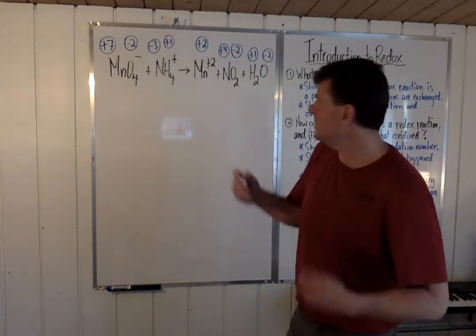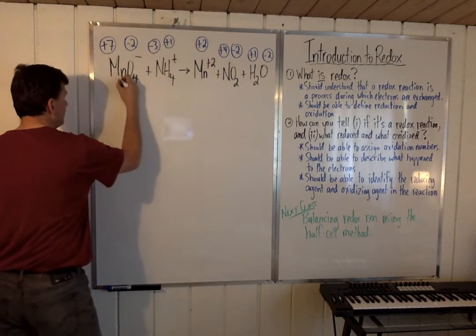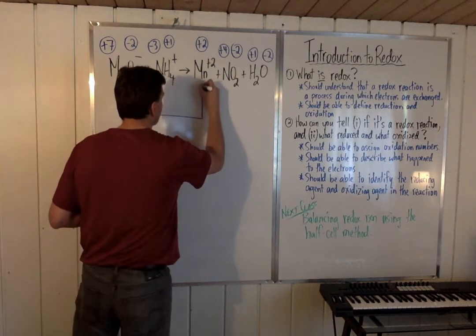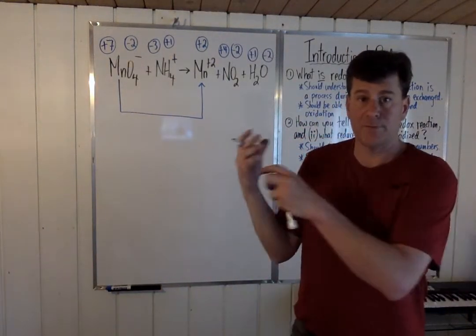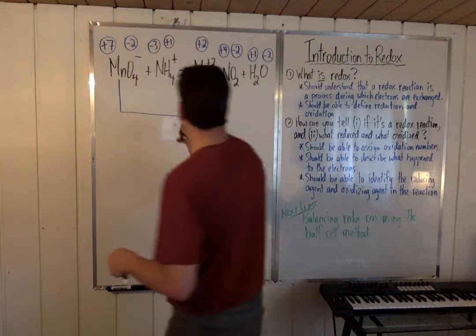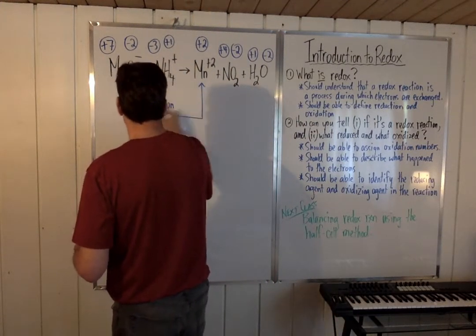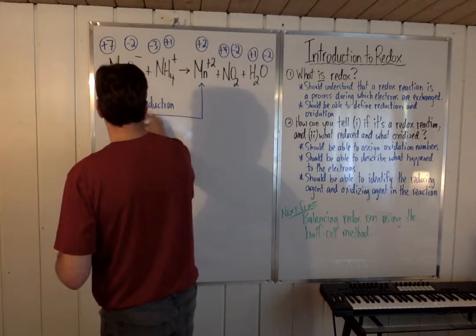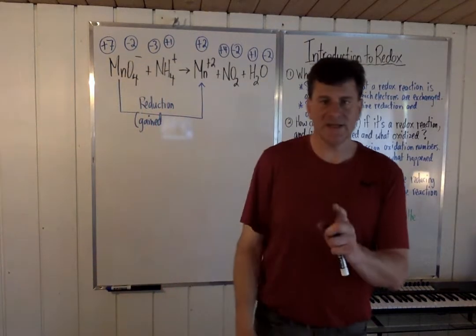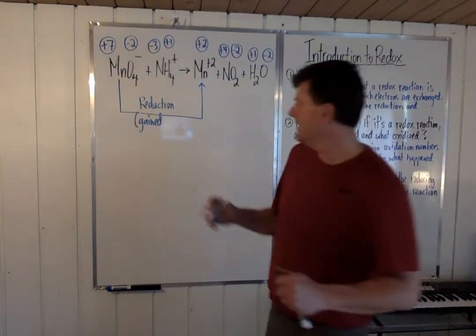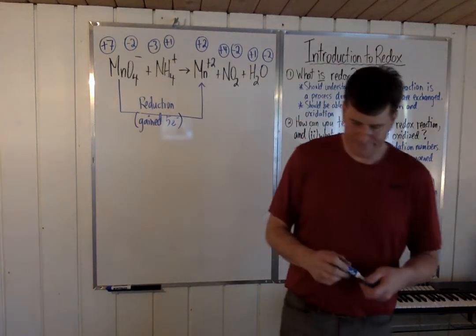Okay, so what actually happened was the manganese from the permanganate went into the Mn+2, so it reduced. And because each manganese went from +7 to +2, each one must have gained 5 electrons.